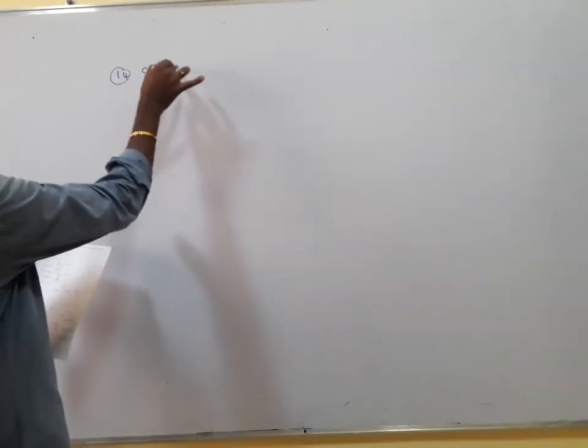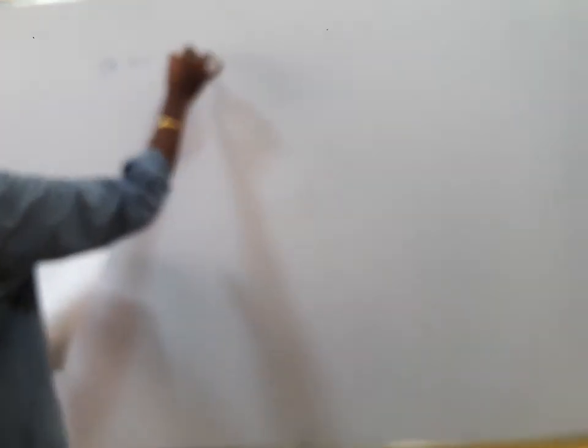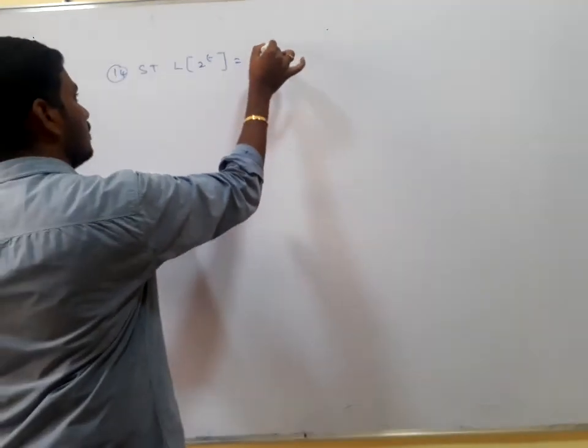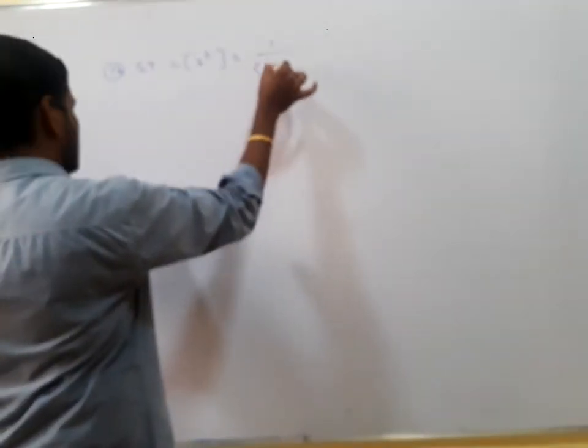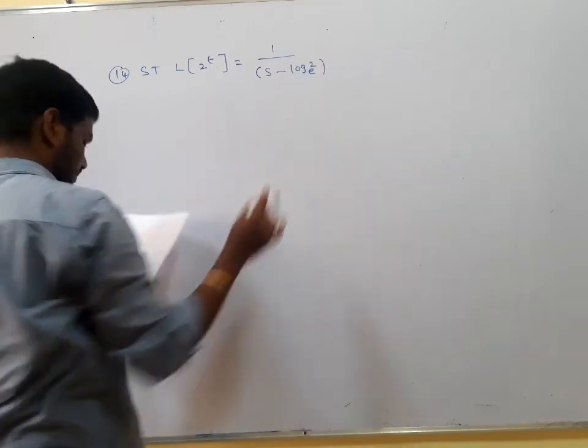Show that the Laplace transform of 2 to the power of t is equal to 1 by s into log 2 to the base e.